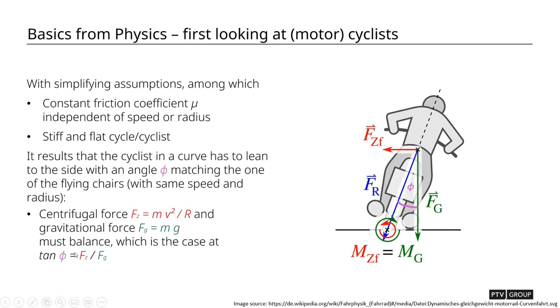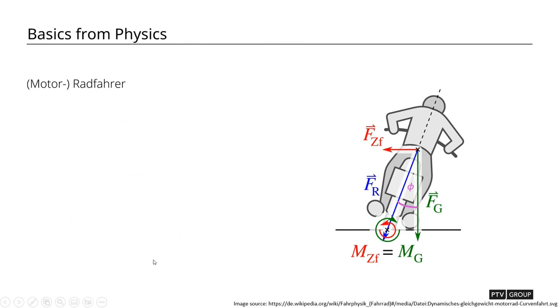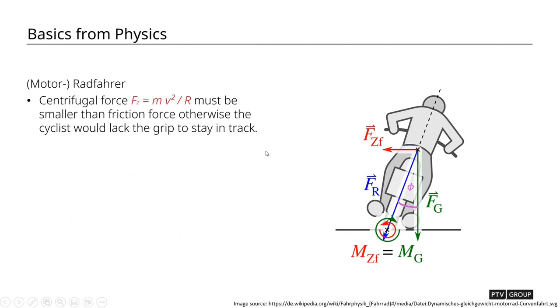That's the angle. So the tangent of the phi angle is the centrifugal over the gravitational force, and that works fine as long as the friction force on the ground can be large enough to compensate the centrifugal force.